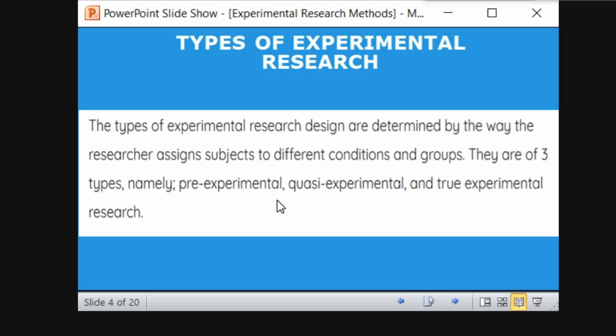That is the condition. Condition is exposing to sunlight, not exposing to sunlight. So based on the conditions and the groups, the types of experimental research are classified as pre-experimental, quasi-experimental, true experimental research. So we will see these three types of experimental research in detail.